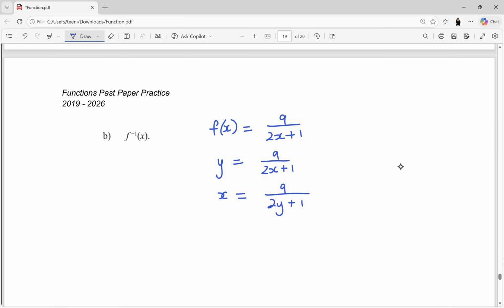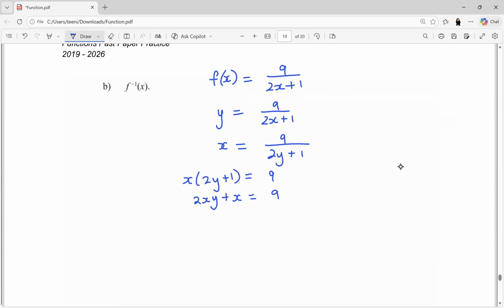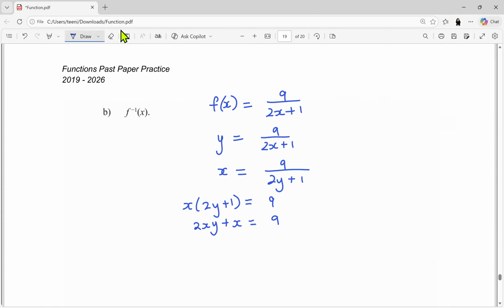So you'll end up with 2xy, sorry, 2y plus 1 is equal to 9. So then 2xy plus x is equal to 9. Wait a minute, I'm doing something wrong. Sorry, guys. See, where did I go wrong here?